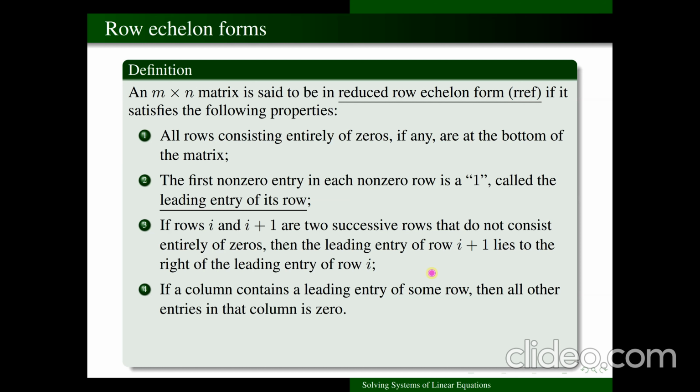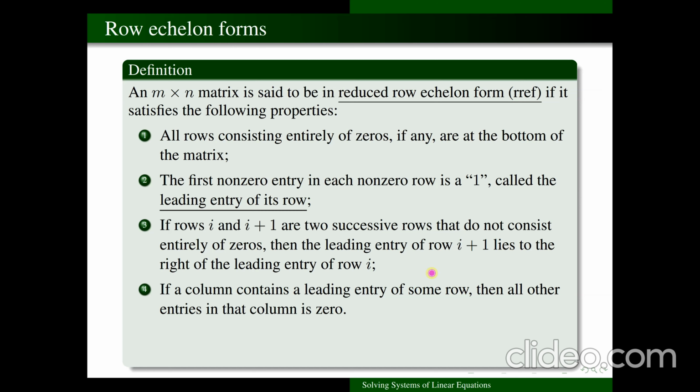The idea is we want to use elementary row operations to manipulate the augmented matrix representing a given linear system into a form from which the solution can easily be found. And that matrix form is the reduced row echelon form of the matrix.